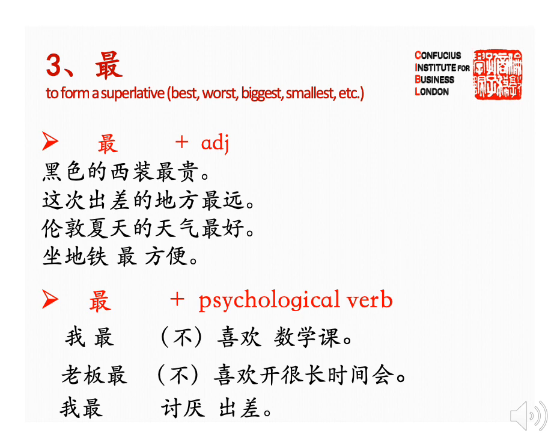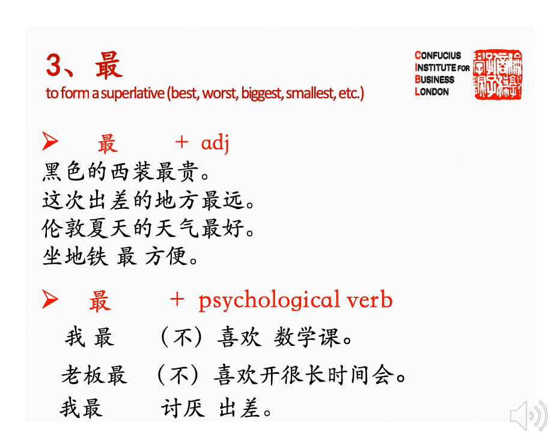And okay, so the use of 最. So this character is to form a superlative, like something best or worst or biggest. So we usually do it with 最 and adjective.